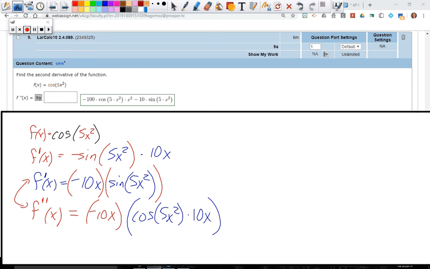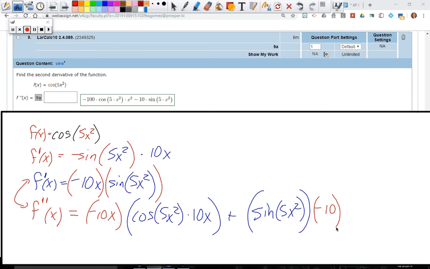We good? So first times the derivative of the second plus the second, oops, it's a sine, times the derivative of the first, which is what? Negative 10. And again, remember with WebAssign, you don't have to simplify.